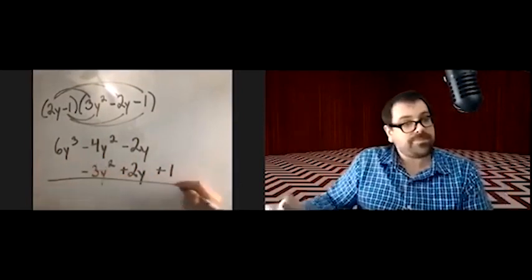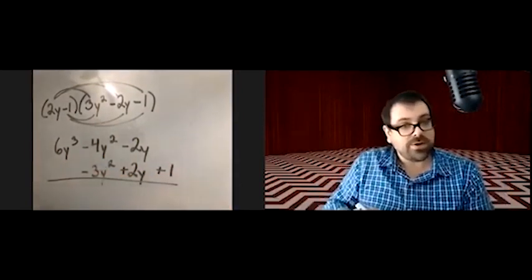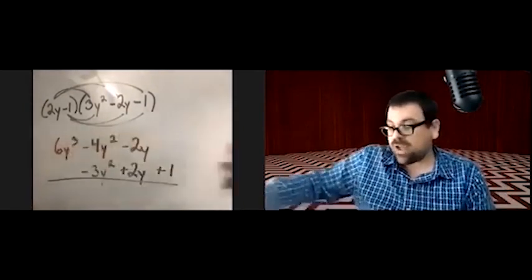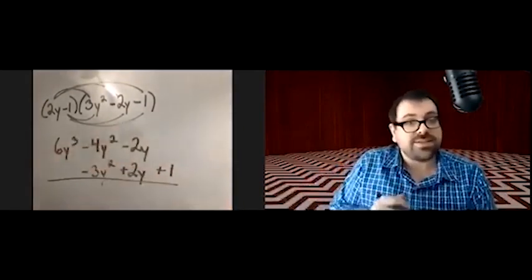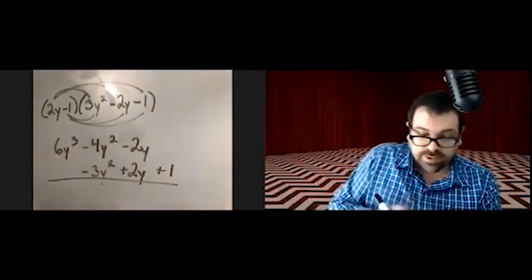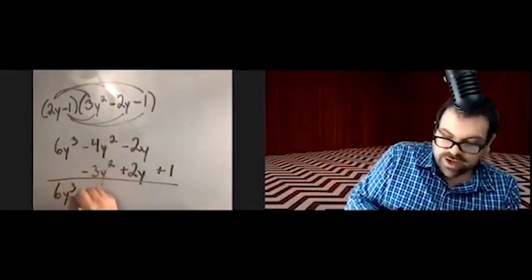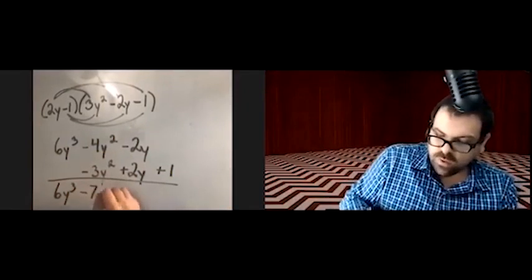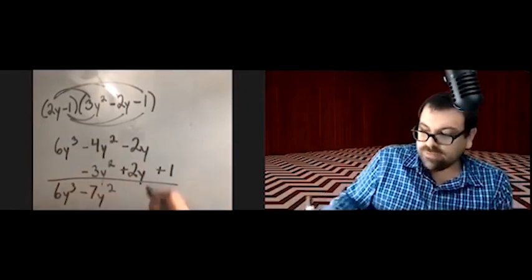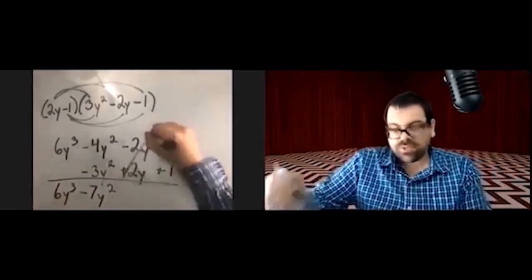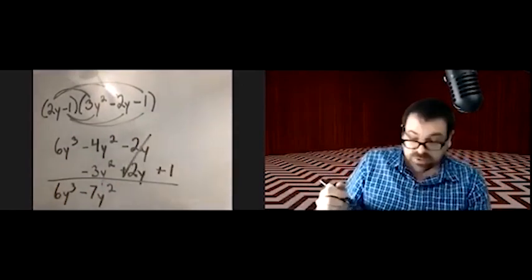Line them up. Add to combine our like terms. If you wrote them out, find your like terms, you're going to get the same answer. Negative 4 minus 3 is negative 7y squared. Negative 2y plus 2y cancel each other out.